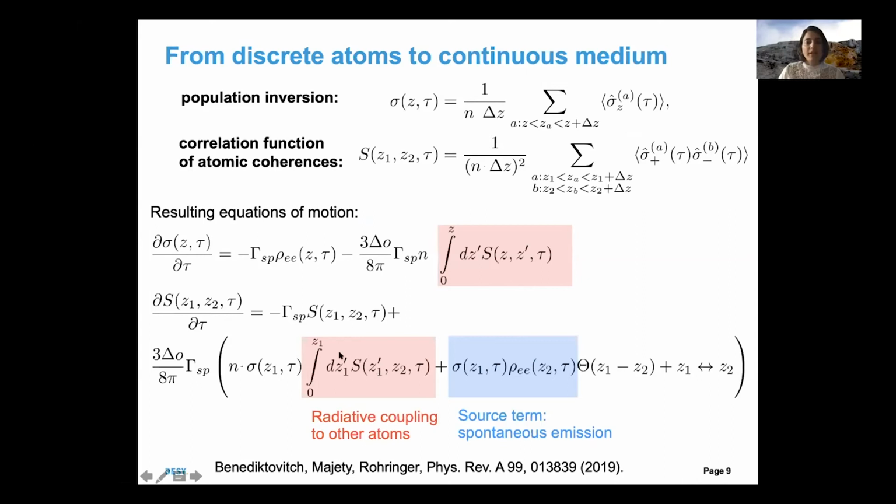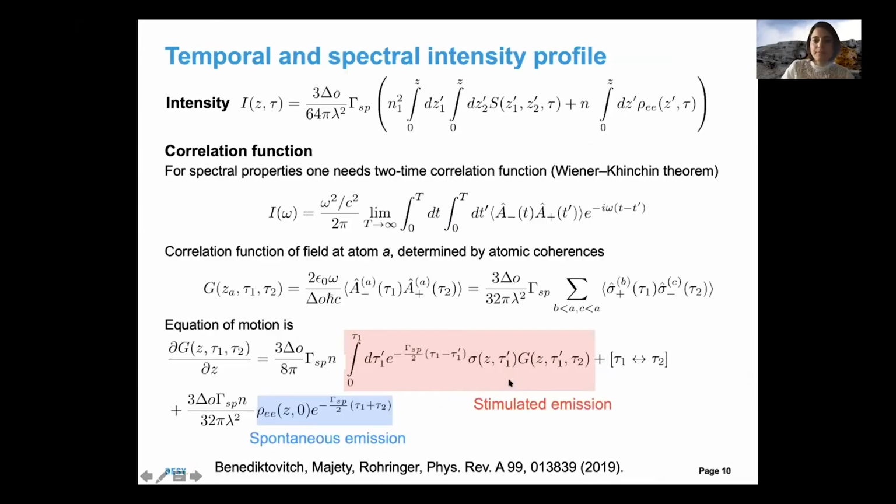Here we have the radiative coupling terms to other atoms involved. That follows causally the emission of all the other atoms. And we have here a source term for spontaneous emission. If one gets these quantities, one can then directly calculate the intensity as a function of space and time.